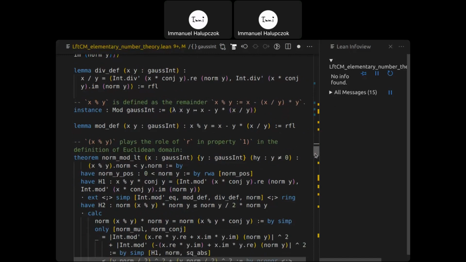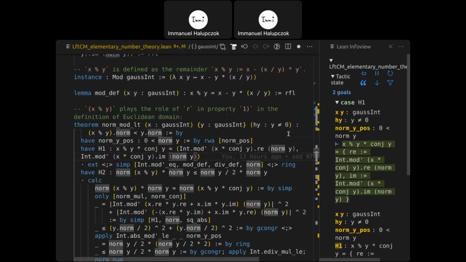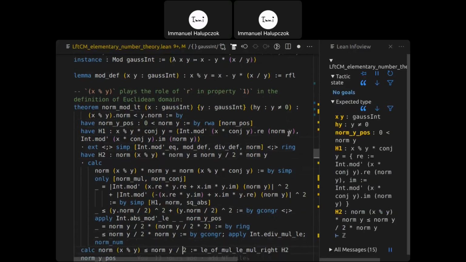So the first property is, well, first I want to prove that the norm of the remainder is always less than the norm of y, assuming that y is not equal to 0. And this one, I already gave you the proof here.